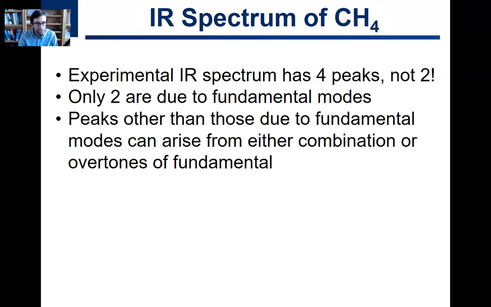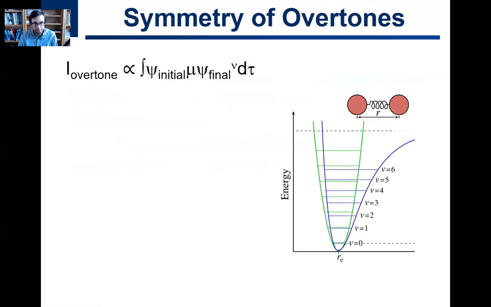Change the path length of the string, and it makes the string play at a higher frequency. So you can get peaks other than those due to fundamental modes from either what are called combination modes, that's like 2 strings, or the overtones of the fundamental normal modes.